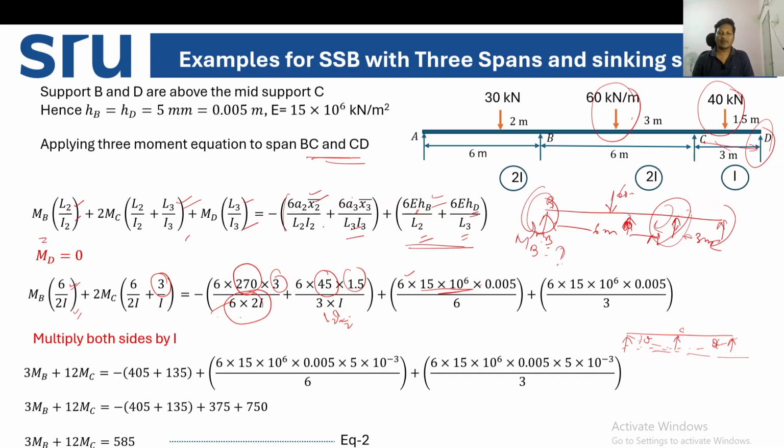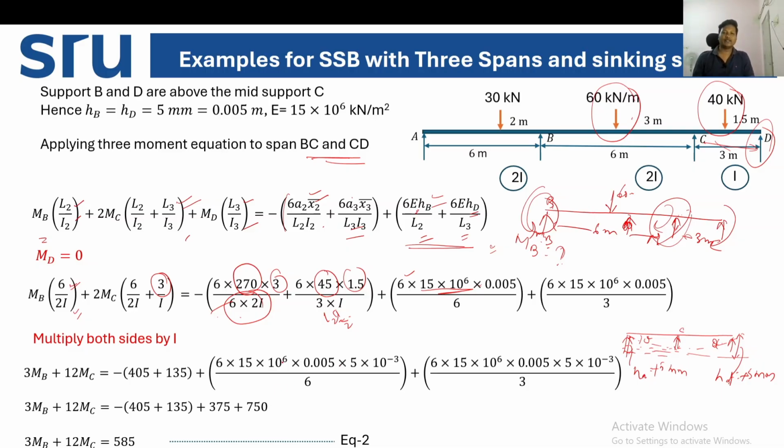So this 5 mm we are not going to use in the equation. So what are we going to use? Just draw a reference line here. So for this reference line, what is HA? HA will be 5 mm. And for this reference line, what will be HD? HD will be again 5 mm. And what will be the sign convention? It will be positive, right? Because we are considering the reference line here.